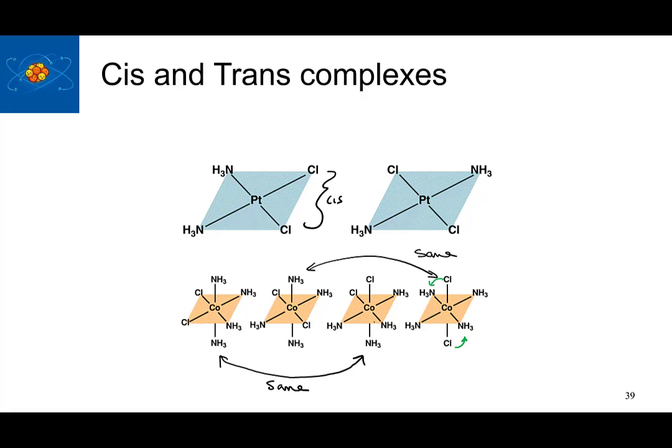So if I take, for example, this chlorine and I rotate it this way, right, and this NH3 and I rotate it this way, then what happens is this chlorine and this nitrogen, the ammonia group, stay in place as you pivot the molecule, and then you end up putting this chlorine down to here, and this amine group over to here, and this one up to here, and that's actually, sorry, I think I said that backwards.